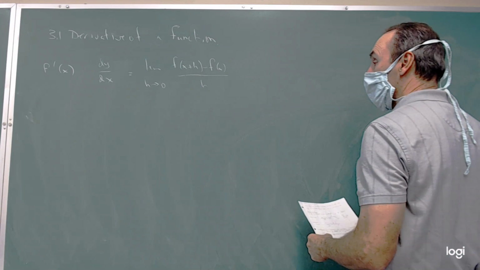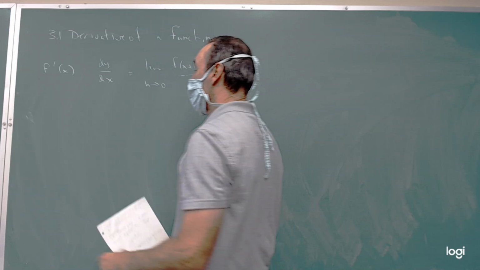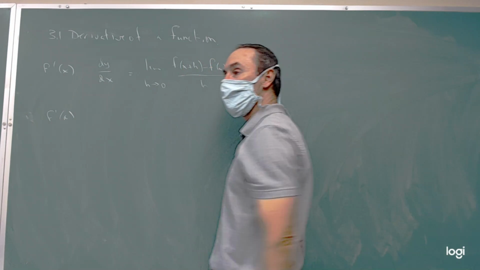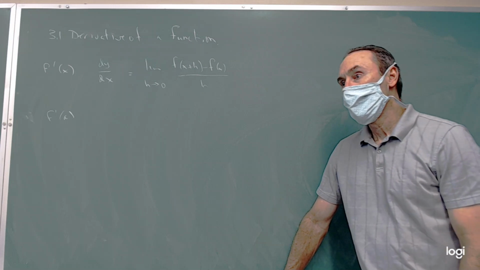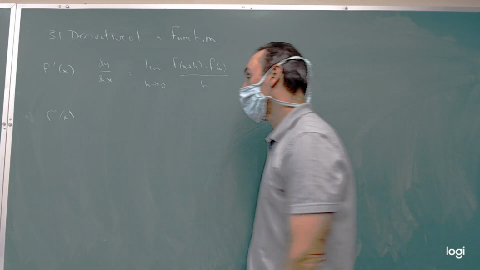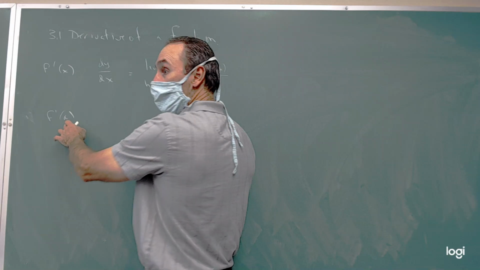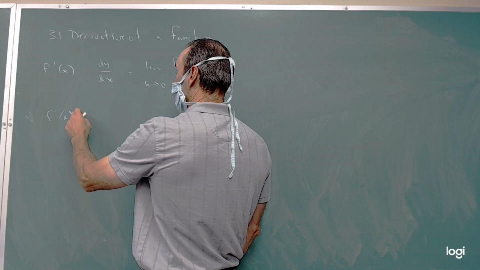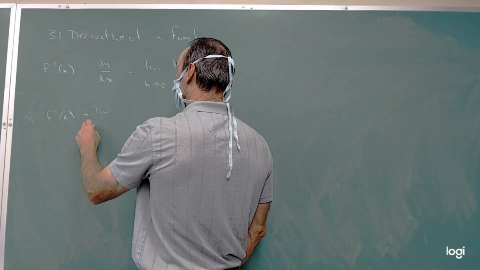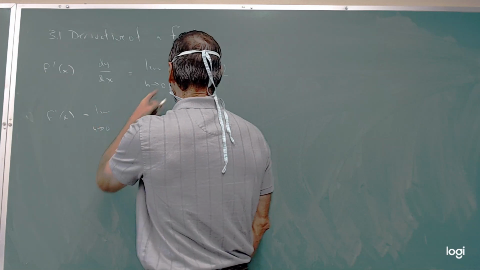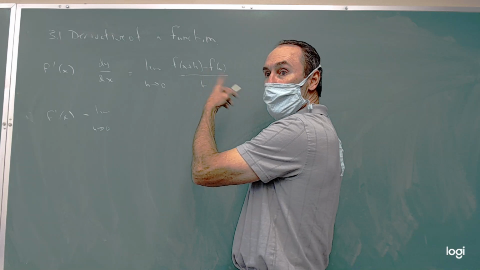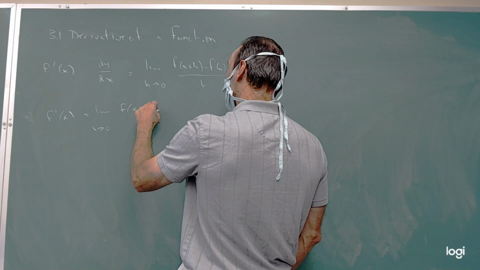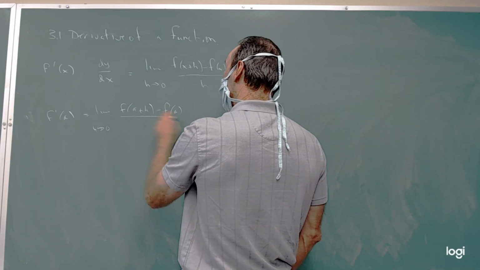We also know that the derivative at a point, so this is the derivative function that we see here with the x in it, the derivative at a particular number. So a is supposed to represent a particular number while x is the variable. So we can say the limit as h goes to 0, and then just rewrite this using a's instead of x's. So f of a plus h minus f of a all over h.